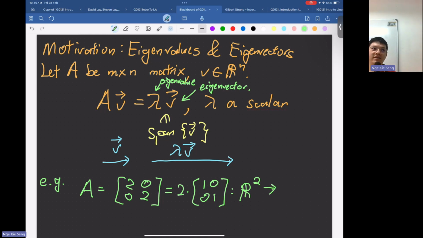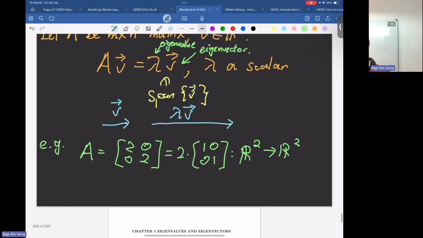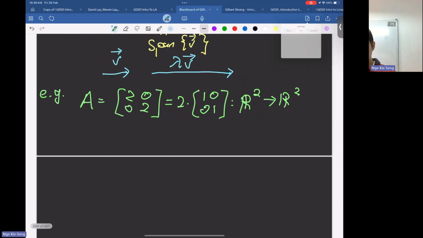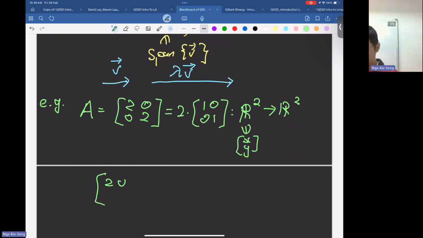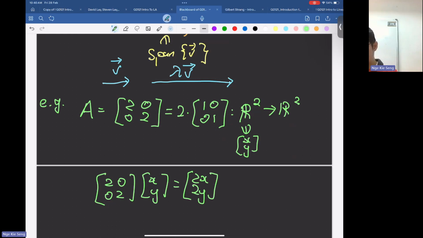You output R^2 again. So this is a map between R^2 and R^2, sending a point in the plane to the plane again. So what does this map do? Let's take a general element (x, y) and multiply [2, 0; 0, 2] by (x, y). You just get 2x and 2y, which is 2 times (x, y).